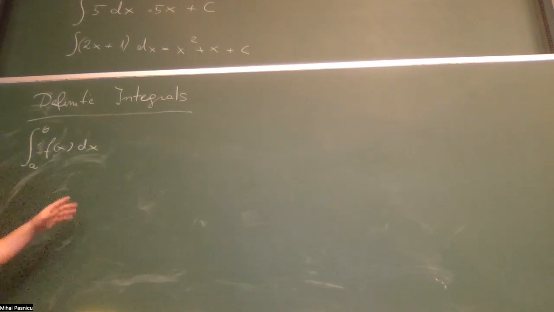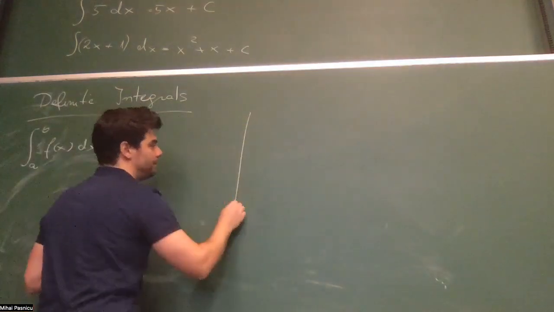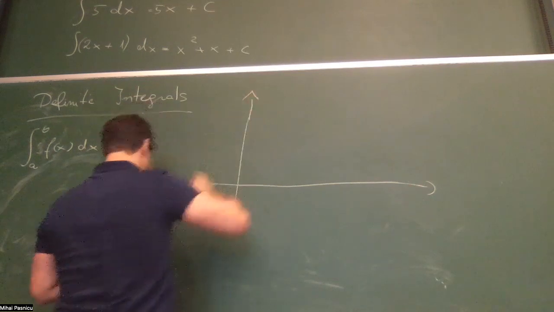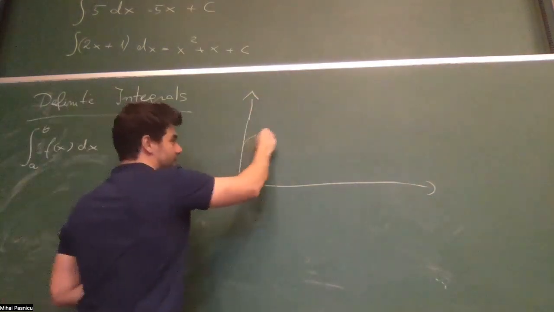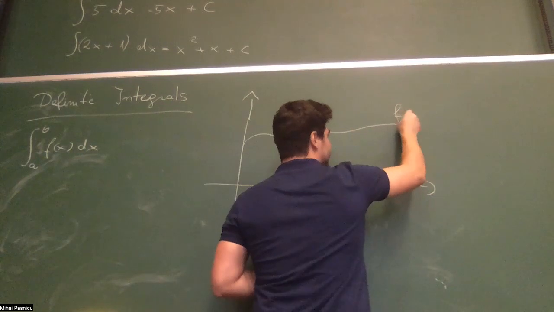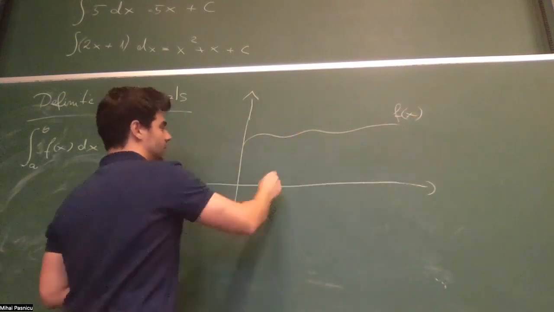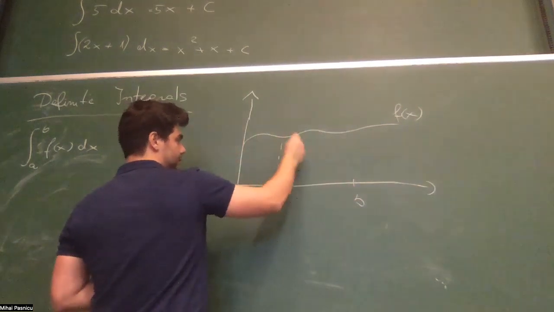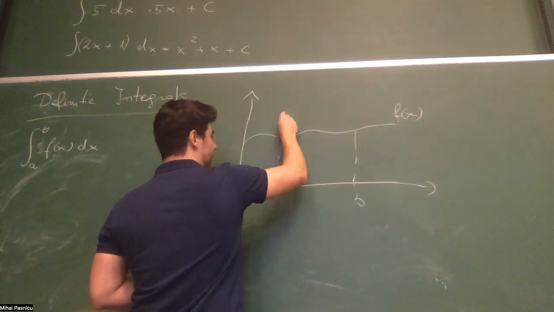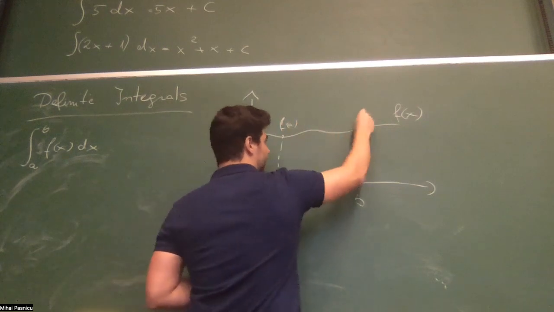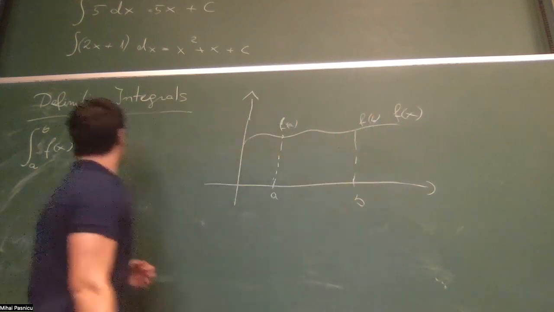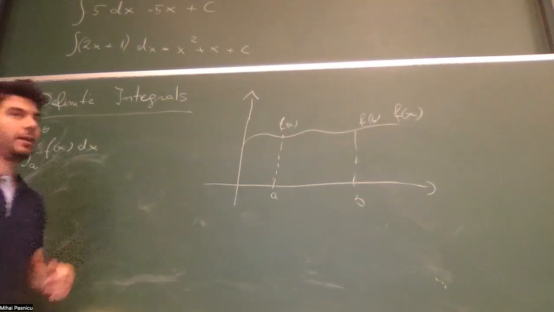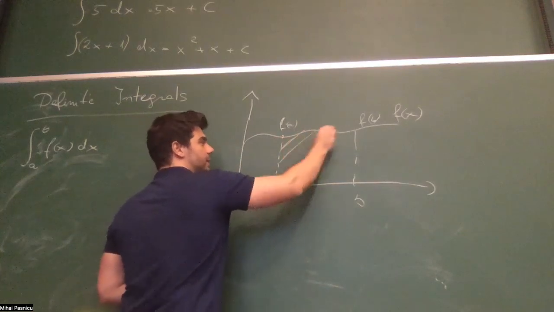Now, this actually has an interpretation. If this is your graph, and this is your f of x, this is a, this is b, this is f of a, f of b, then integral from a to b of f of x dx is this area.